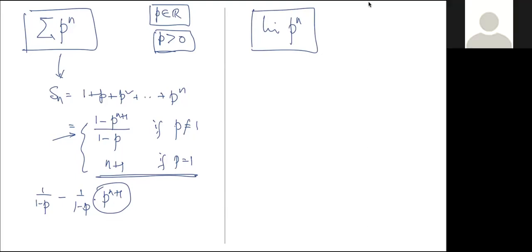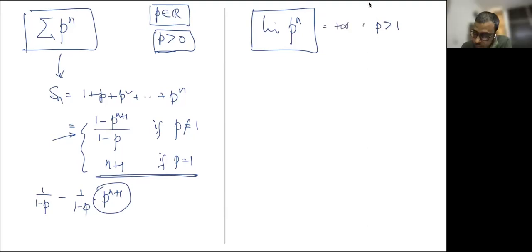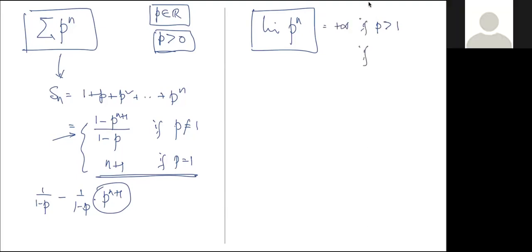Sorry, p is a fixed number. What I'm asking is, what do we know about p to the power n? If p is greater than 1, then this will diverge to infinity, and so will S_n.